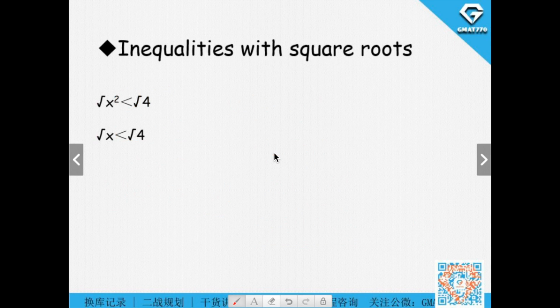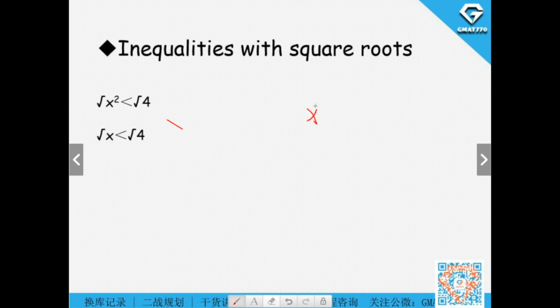Okay, the third kind of questions in inequalities is inequalities with square roots. Please remember that in these kinds of questions, you have to make the numbers under square roots non-negative. For example, the first inequality is the square root of x squared is less than the square root of 4.